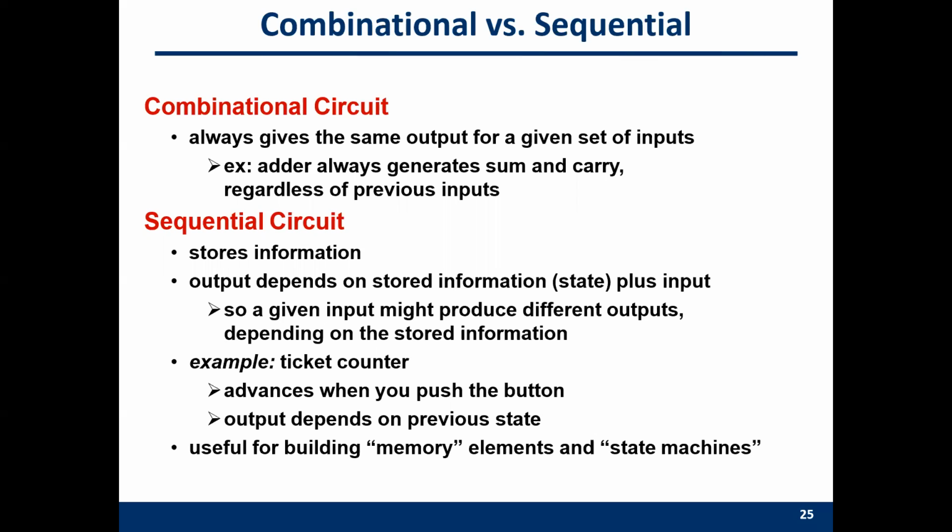And there are such a lot of other examples, like the ticket counter, or the vending machine, or the traffic light. If you want to design a controller, you cannot use combinational logic. You have to use sequential logic. In order to build a sequential circuit, you need some memory elements and the state machine.